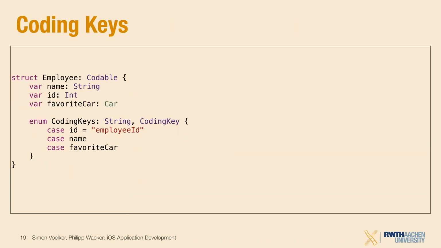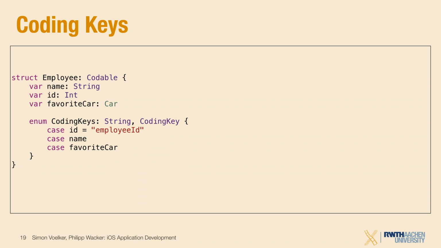This can be done by adding these coding keys enumerations, which fulfill the String protocol and the CodingKey protocol. Here you can tell, okay, the variable ID should actually be saved as employer ID to make it more readable.